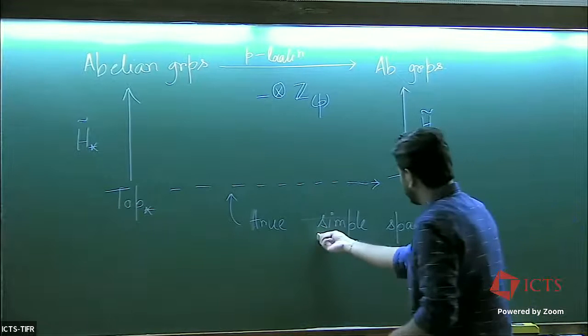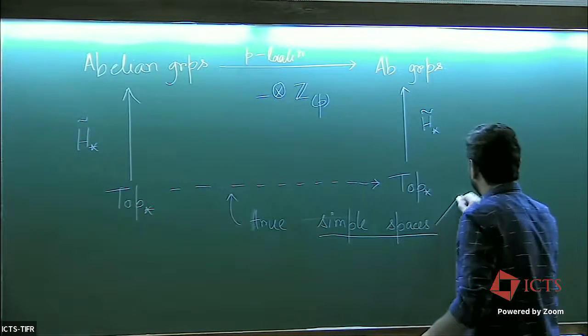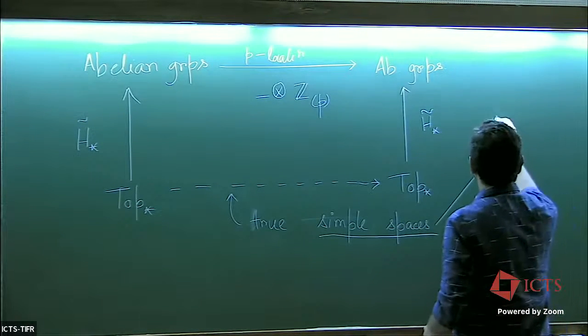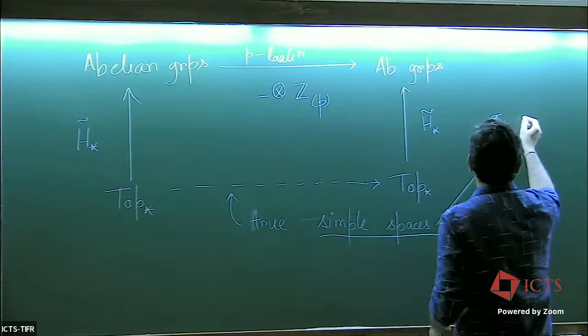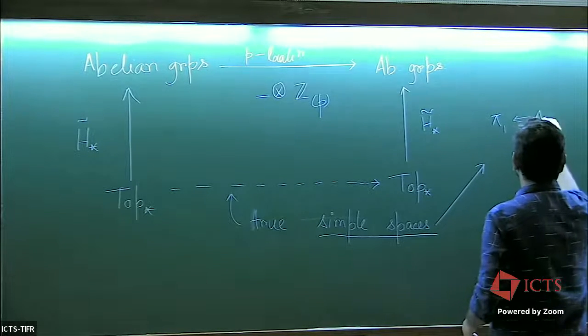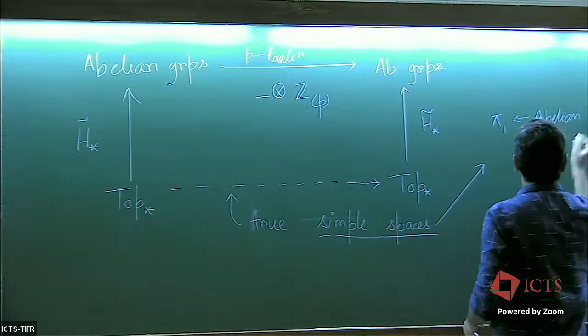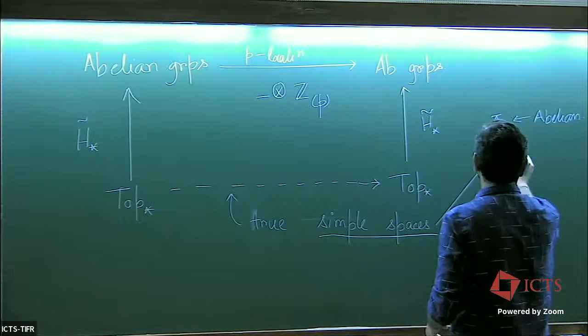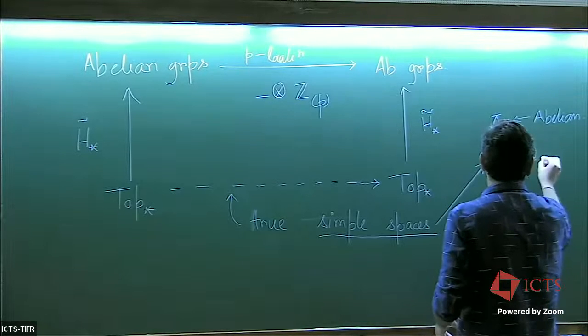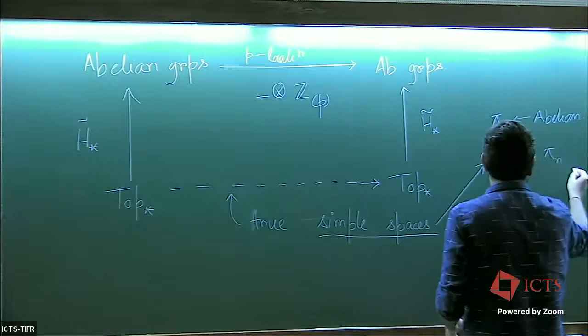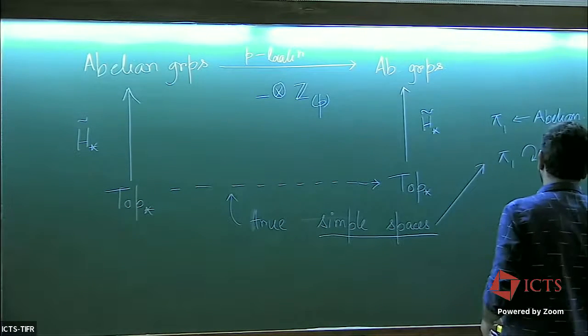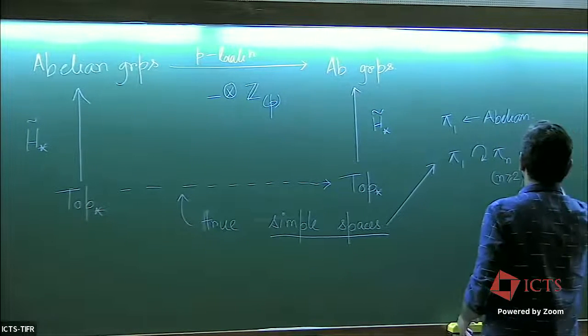So this is true for simple spaces. So what are simple spaces? Simple spaces are such that the fundamental group is abelian and the action of the fundamental group on the higher homotopy groups is trivial.